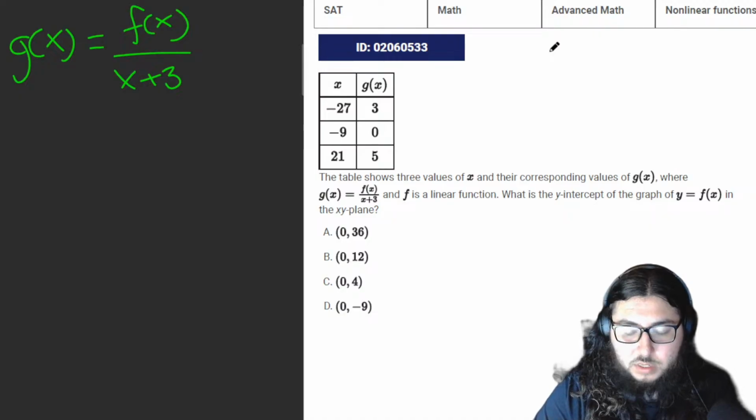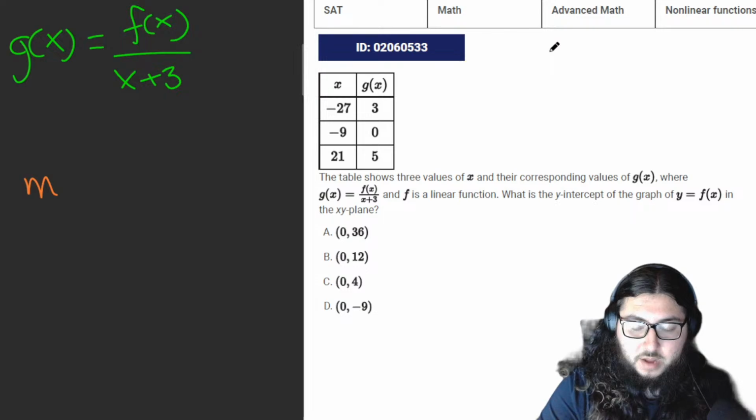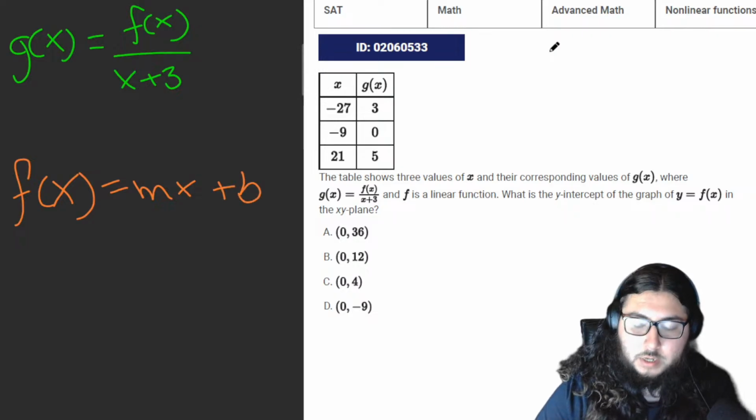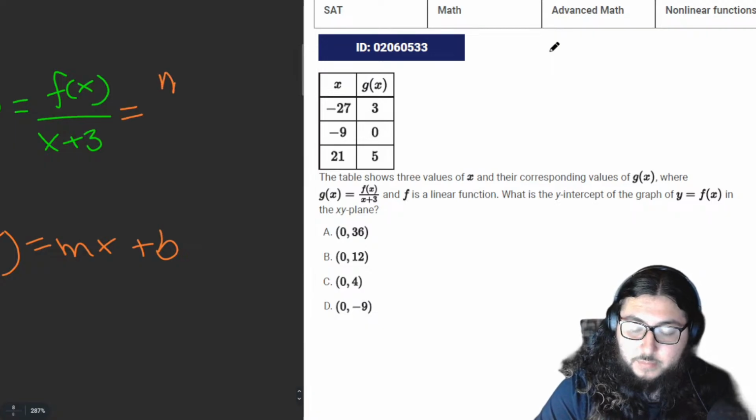Now, it tells us that f is a linear function, which means that it takes the form of f of x is equal to mx plus b. So that means that really we can replace this as mx plus b over x plus 3.